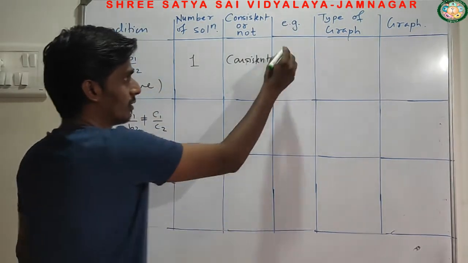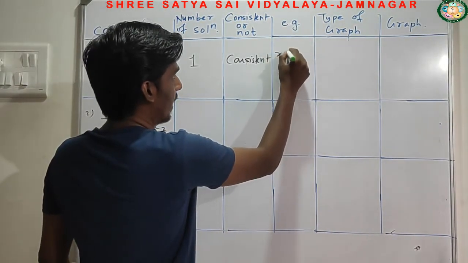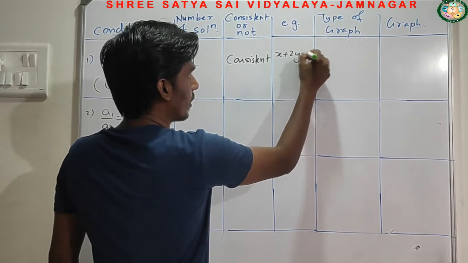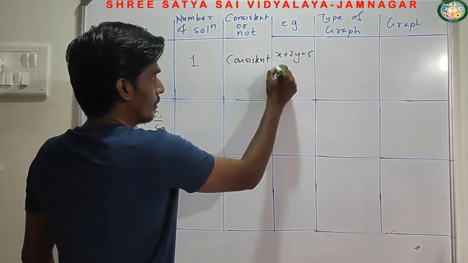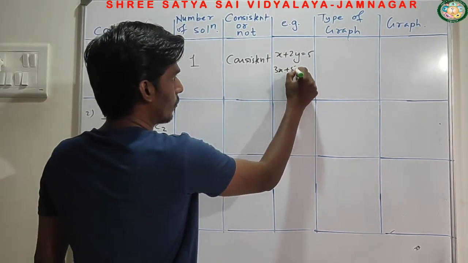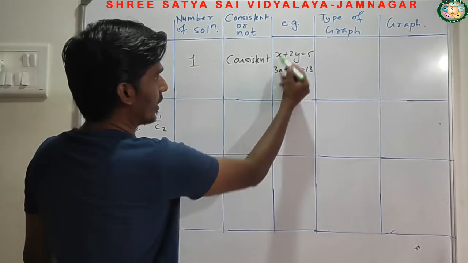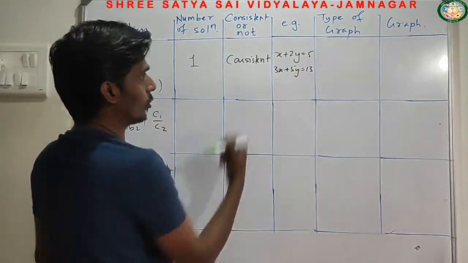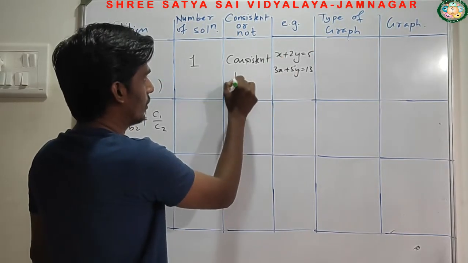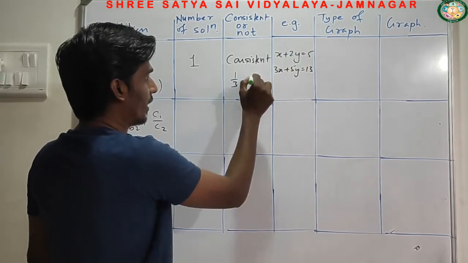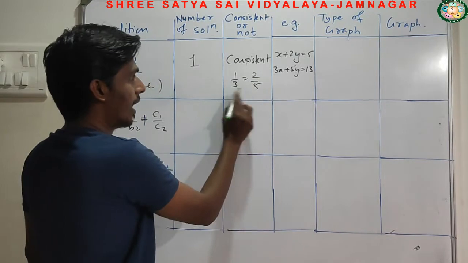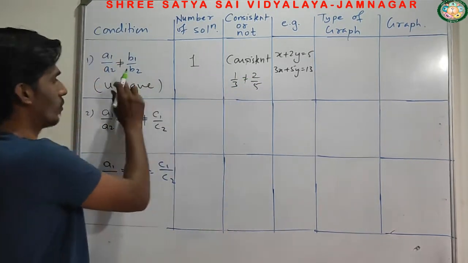Example for this equation, we can take any example. Take x plus 2y equals 5, 3x plus 5y equals 13. Just check the ratio: here 1 over 3, here 2 and 5. Are they equal? Not equal. So this is what?